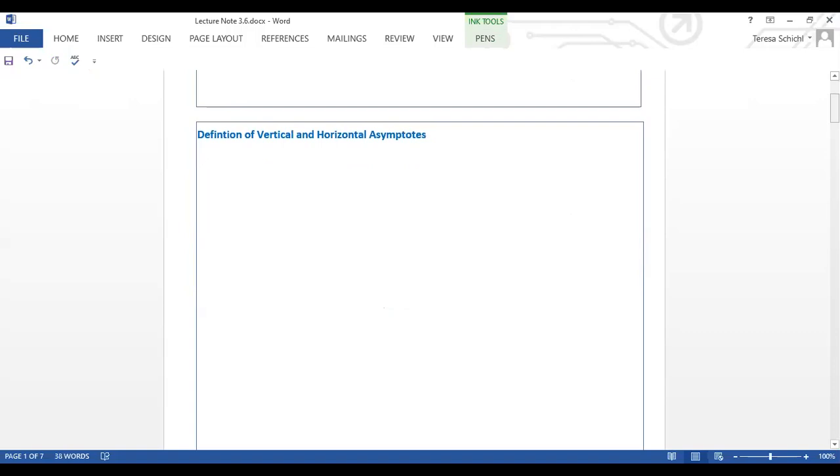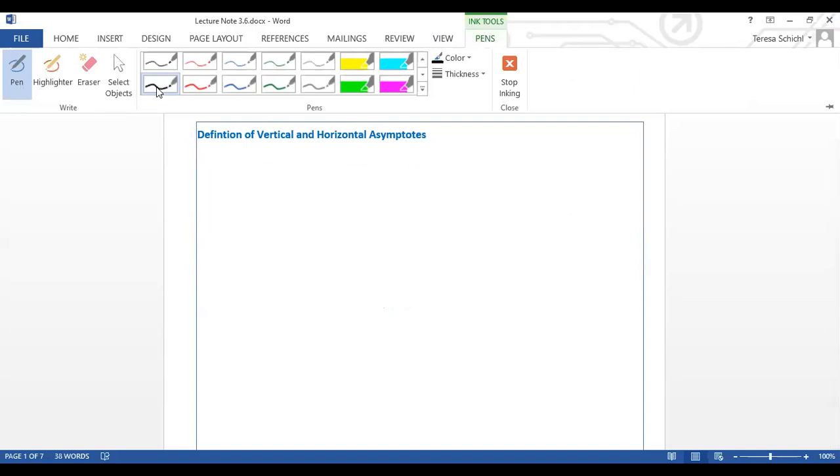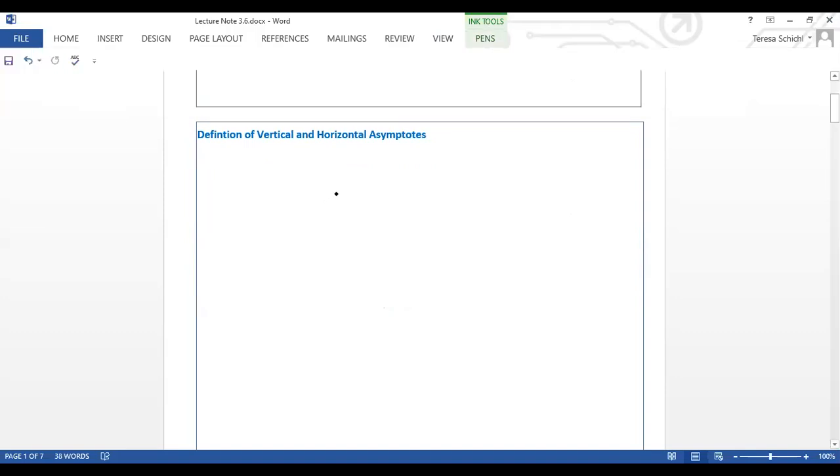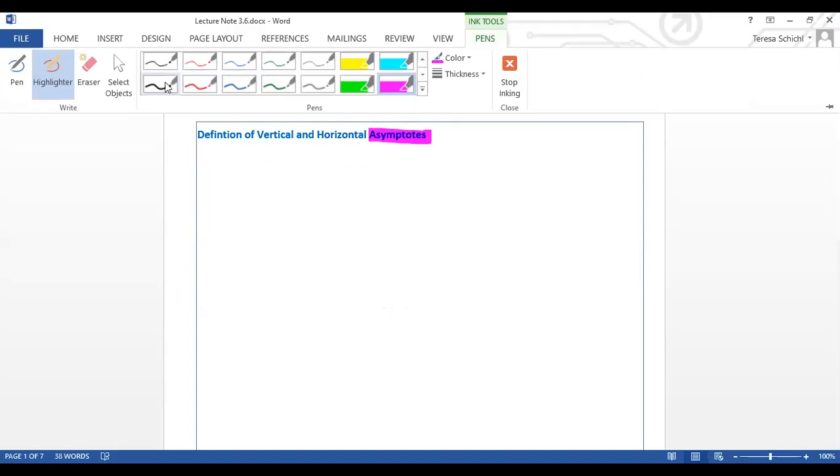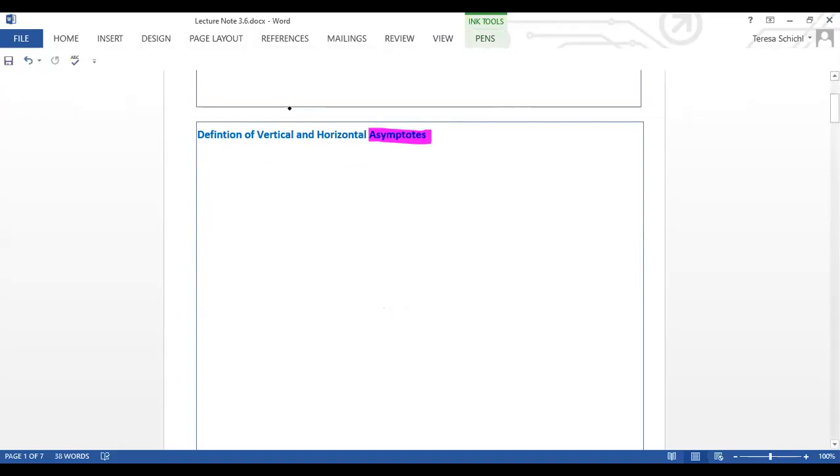Now we also need to take a look at the vertical and the horizontal asymptote. What do asymptotes mean? That means the graph will get closer and closer to this line, but will never touch it.